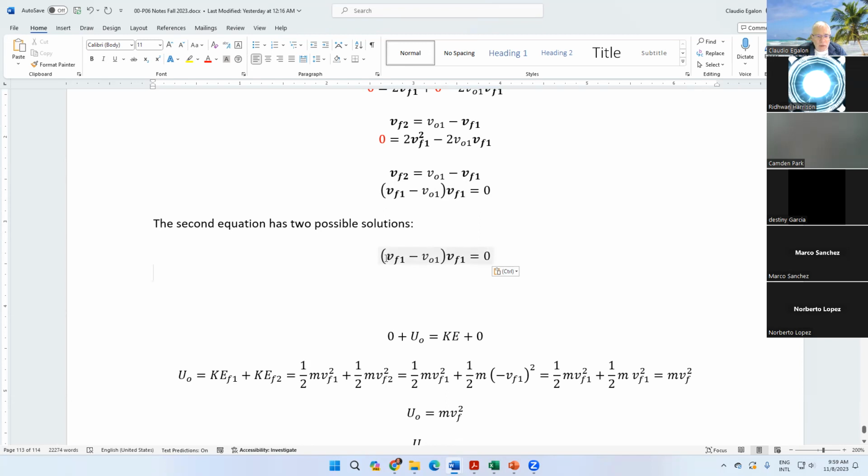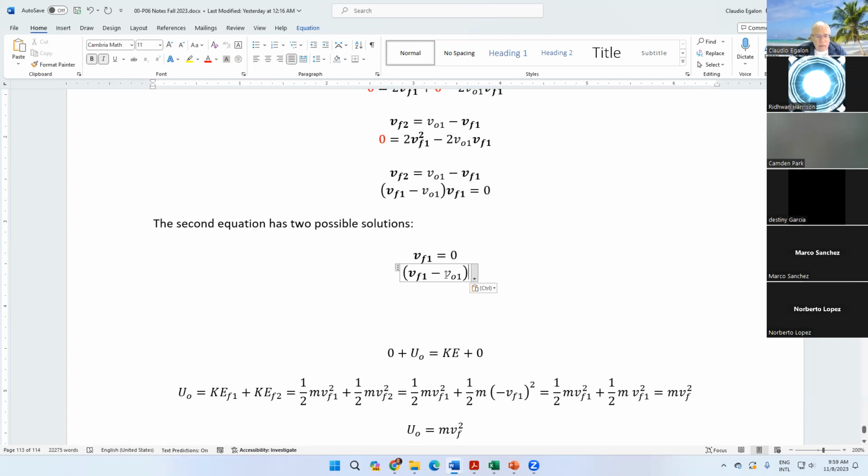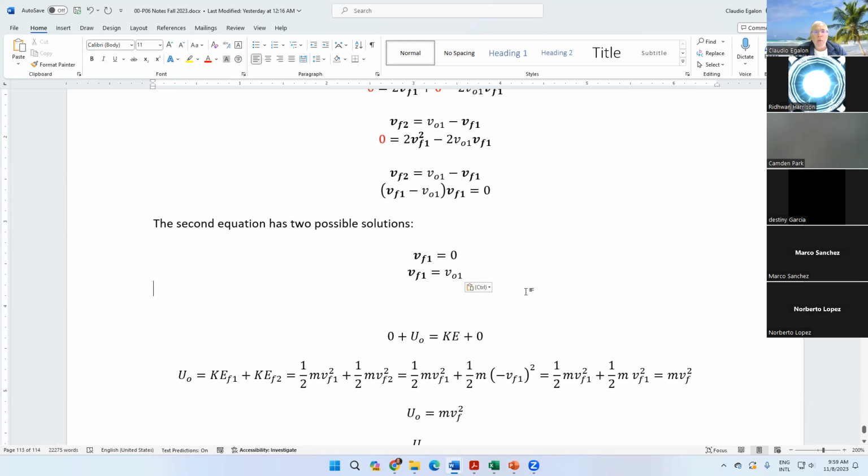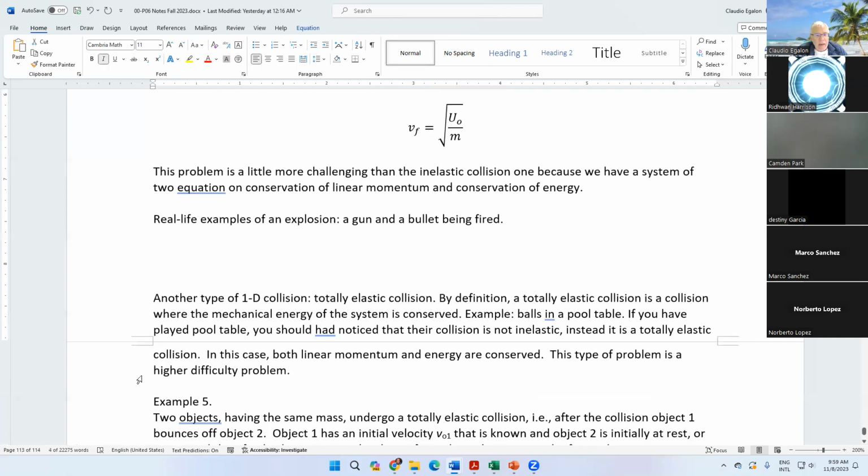One of the solutions is V final 1 equal to 0. The other solution is V final 1 minus V naught 1 equal to 0, which, by the way, reduces to V final 1 equal to V initial 1. And now we have to analyze to find out which solution is the most appropriate one. Okay? I'm going to erase this guy here.